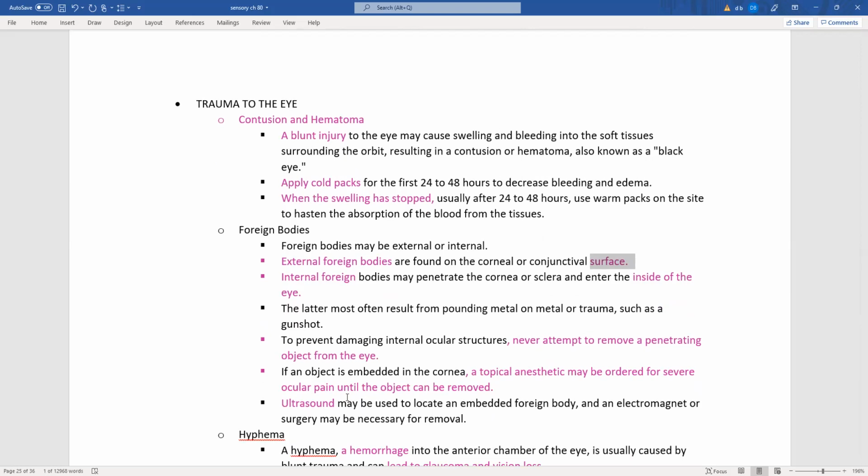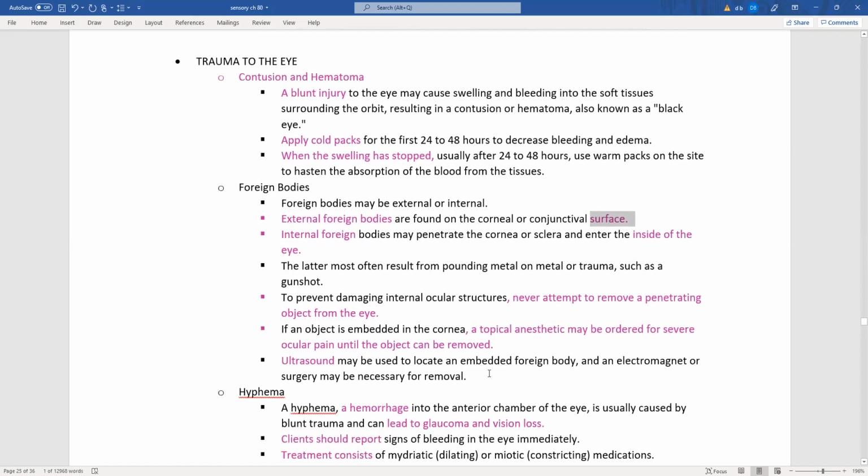If an object is embedded in the cornea, topical anesthesia may be ordered for severe ocular pain until the object can be removed. It can be very painful. Ultrasound may be used to locate an embedded foreign body, and an electromagnet or surgery may be necessary for removal.